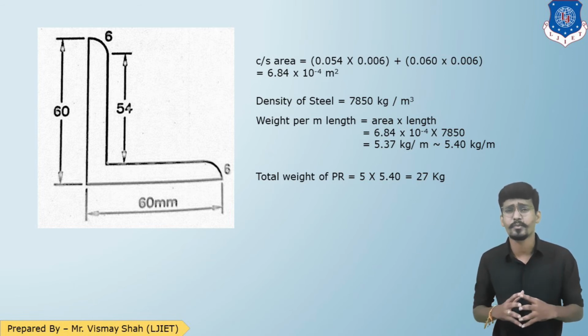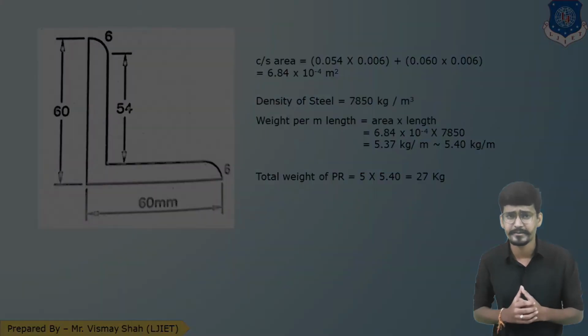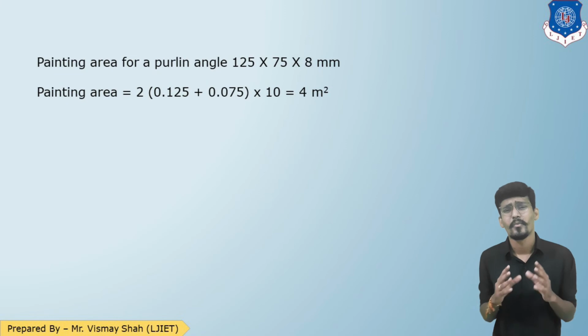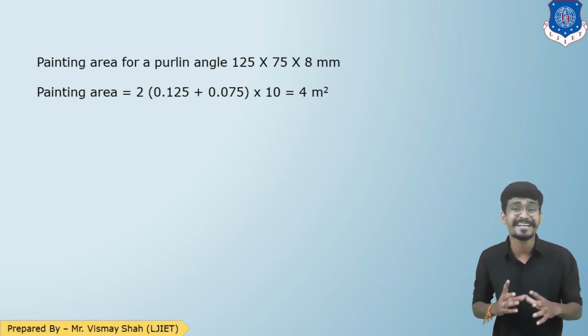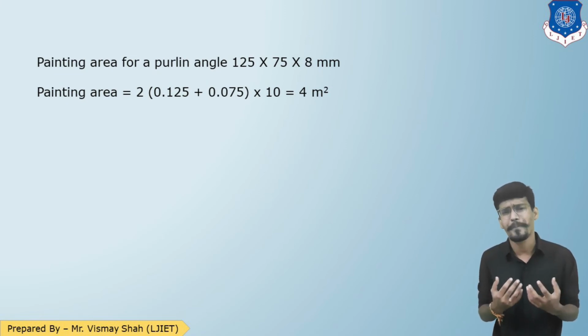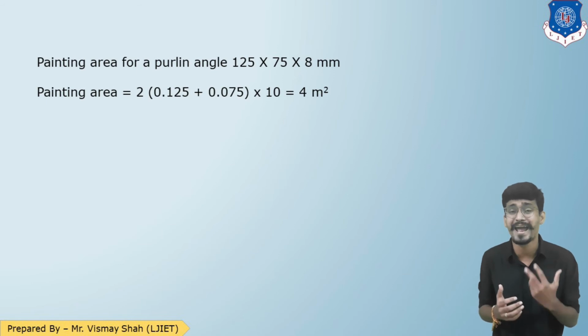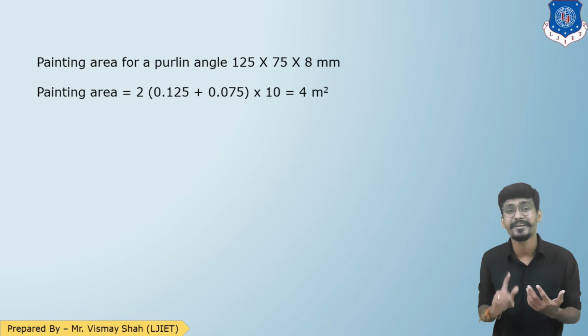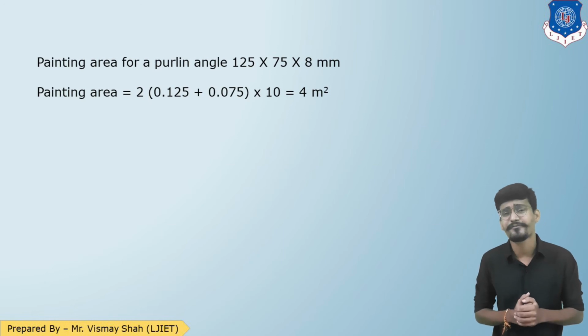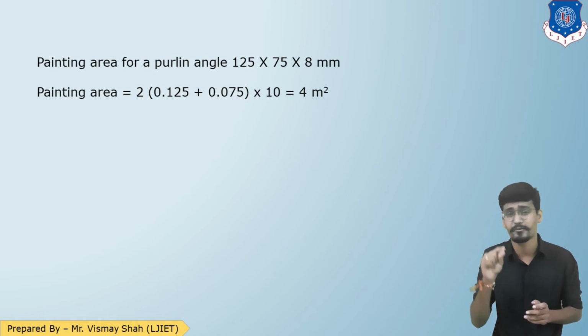Now the second question was purlin, painting area for purlin. So students, whenever you want to paint a steel structure or an outer surface, what you get is perimeter into length. So here the dimension of purlin was 125 cross 75 cross 8 thickness.